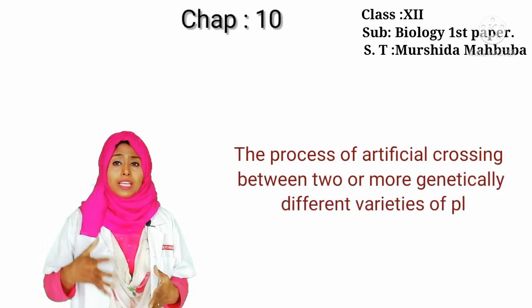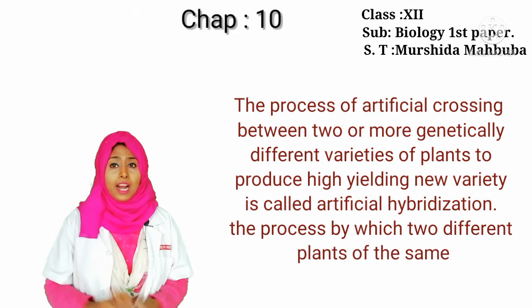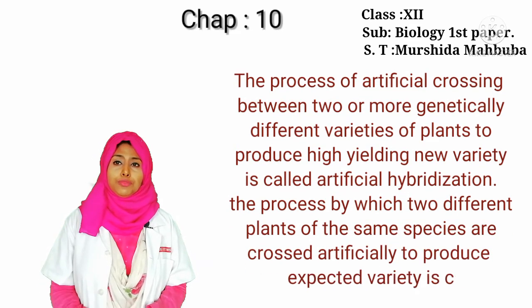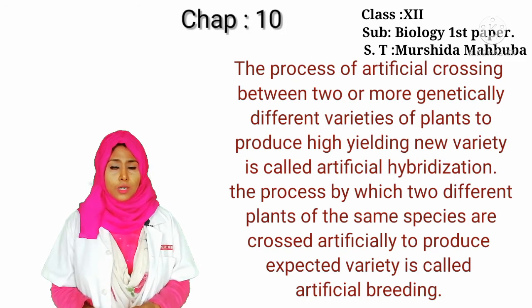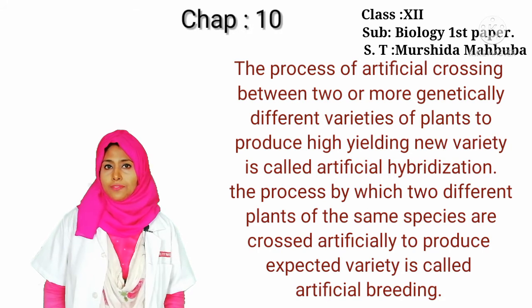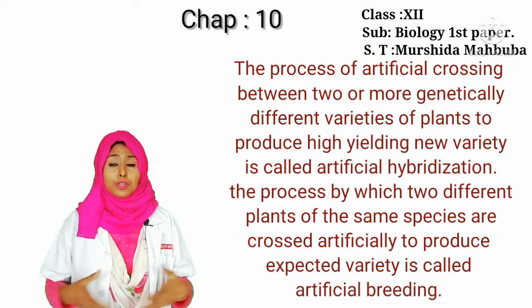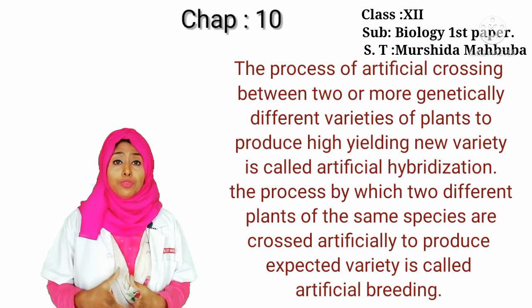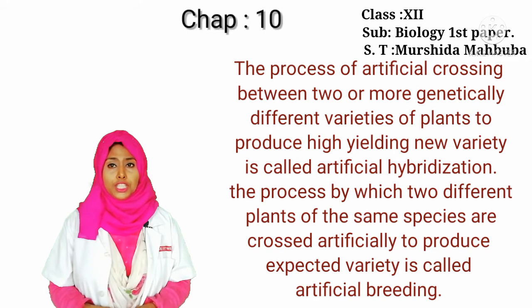The process of artificial crossing between two or more genetically different varieties of plant to produce a high-yielding new variety is called artificial hybridization. The process by which two different plants of the same species are crossed artificially to produce an expected variety is called artificial hybridization.